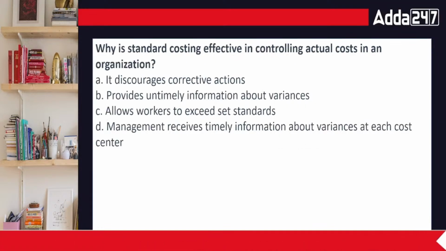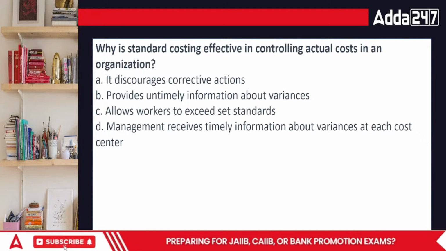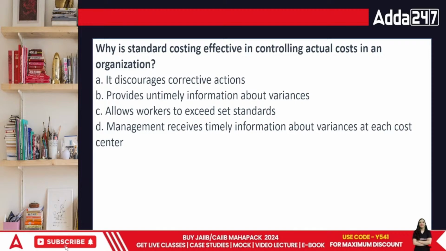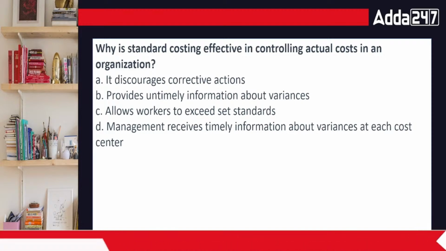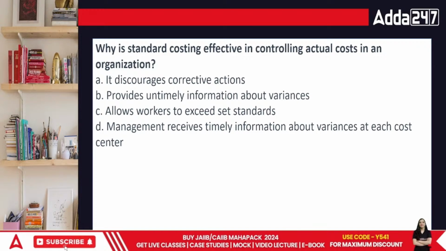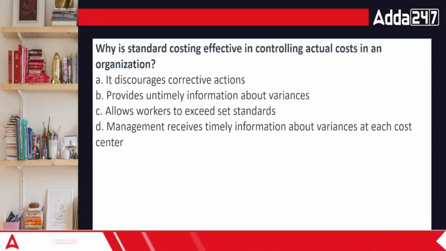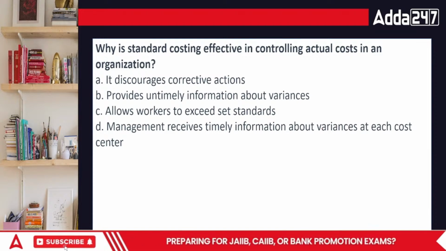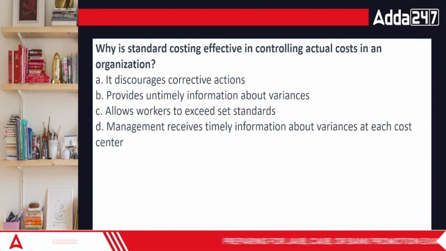Why is standard costing effective in controlling actual cost in an organization? It discourages corrective action. It provides untimely information about the variances. It allows the workers to exceed their standards. Or management receives timely information about the variances at each cost center.